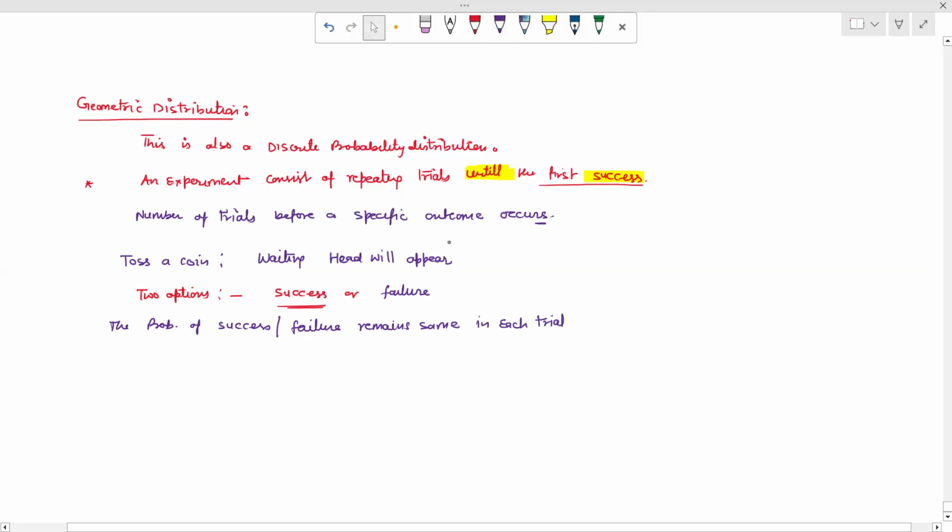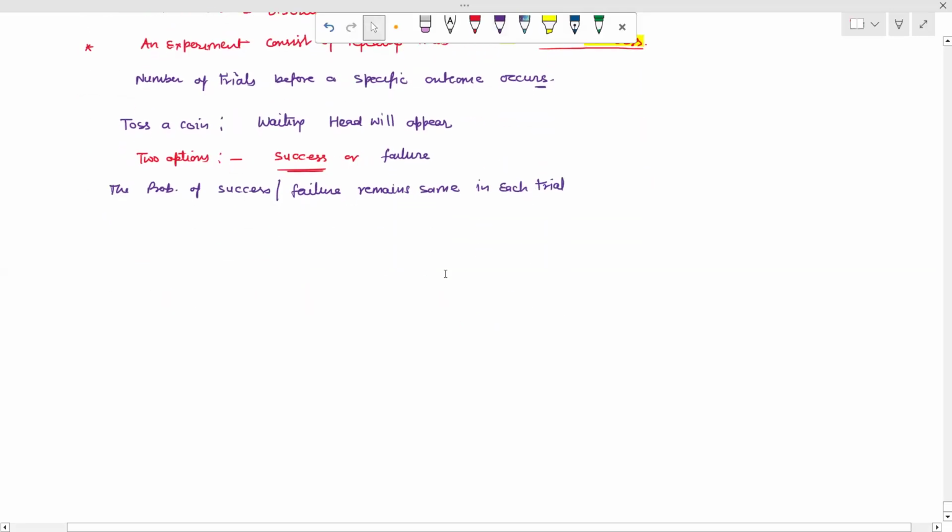Now we can understand this. Suppose we are tossing a coin. The first column we consider dedicated to the unsuccessful toss. Our success is getting a head; if we get the tail, that is called the unsuccessful toss.